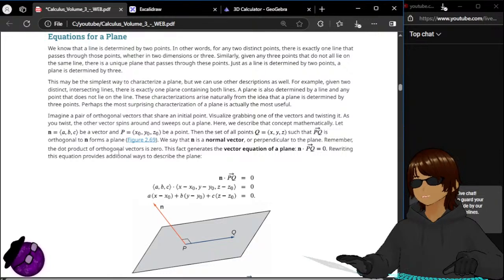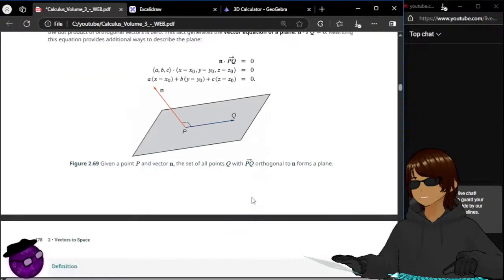Remember, the dot product of orthogonal vectors is 0. This fact generates the vector equation of a plane: n dot PQ is equal to 0. So n and P are fixed, right? And then Q is like any point. So this is the equation of a plane, I'm guessing.